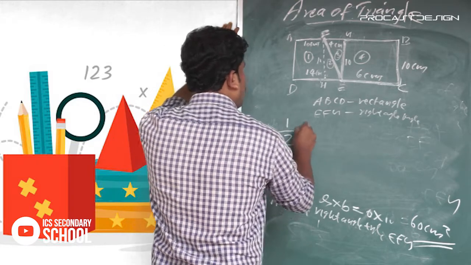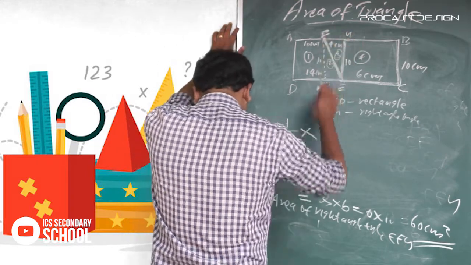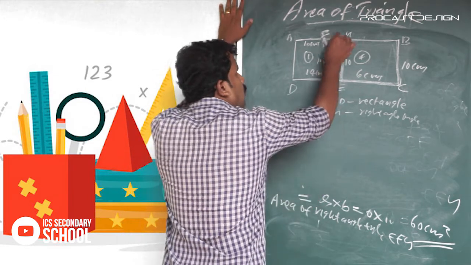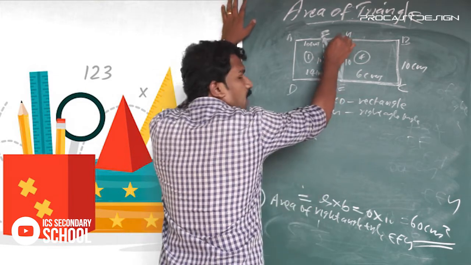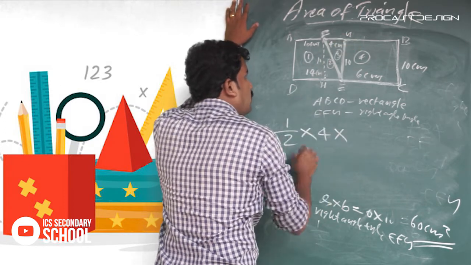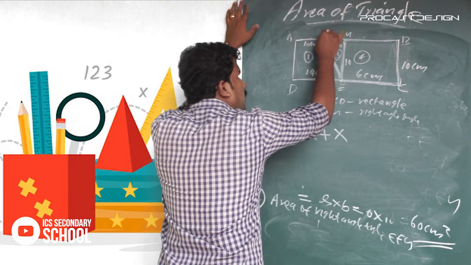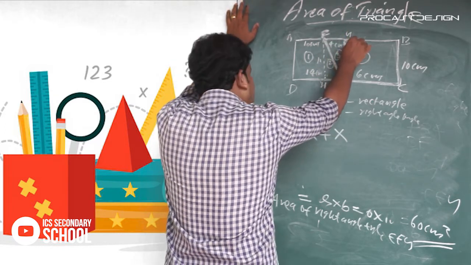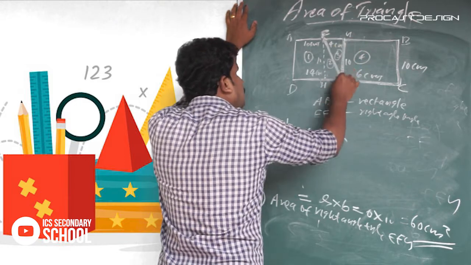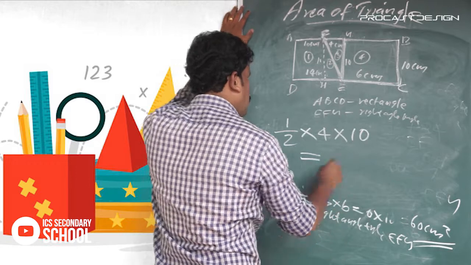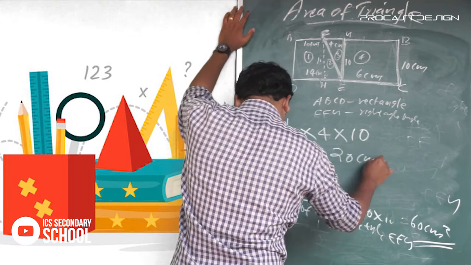Half into the product of the perpendicular sides. Look at this figure, EFG is a right angle triangle, one side is 4 cm, the next side is 10 cm, that is half into 4 into 10, that is equal to 20 cm square.